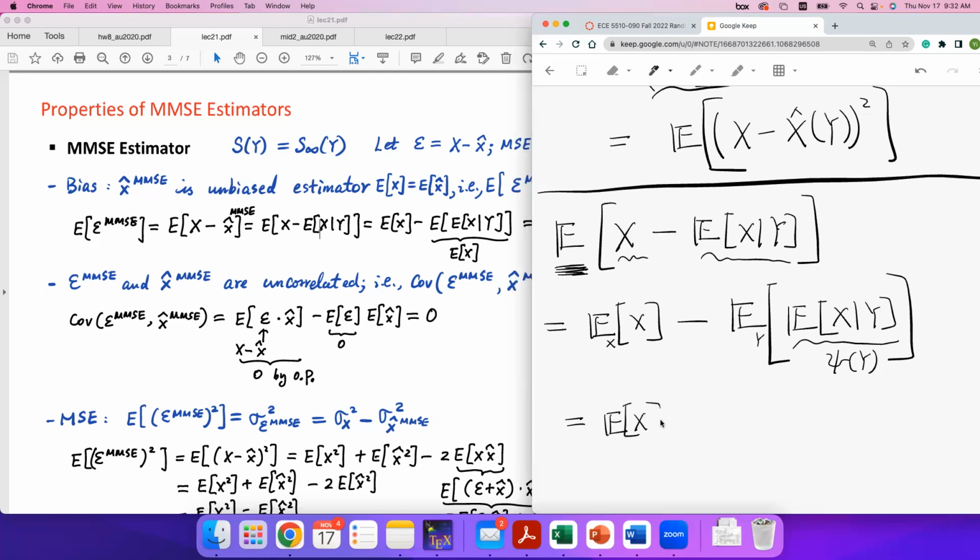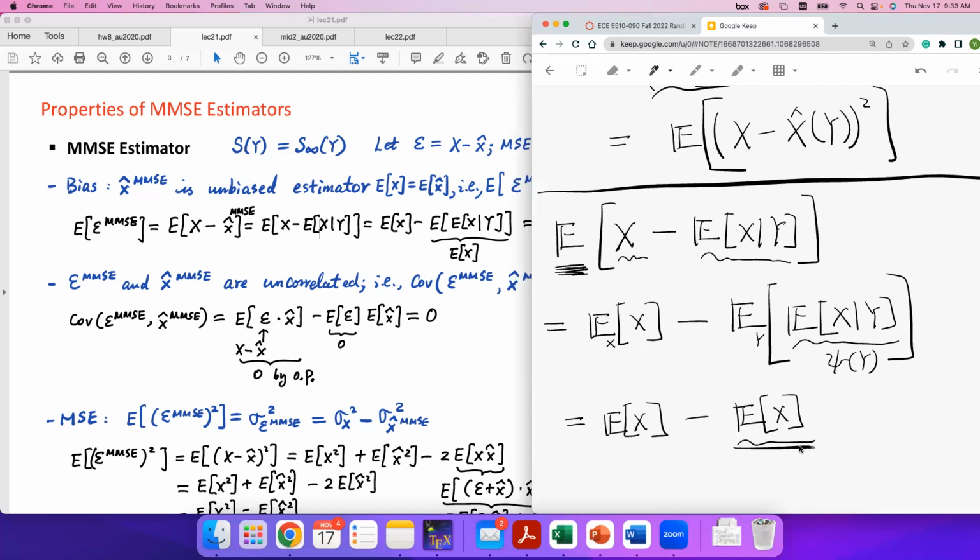Now the first term is the mean of x, while the second term, by the iterated expectation, is simply the expectation of x. Because the expectation of x equals, first we condition on another random variable y, take this conditional expectation, and then further take expectation over y.